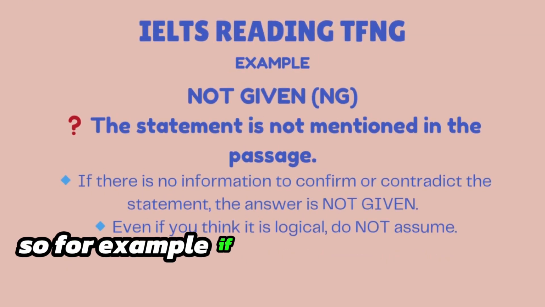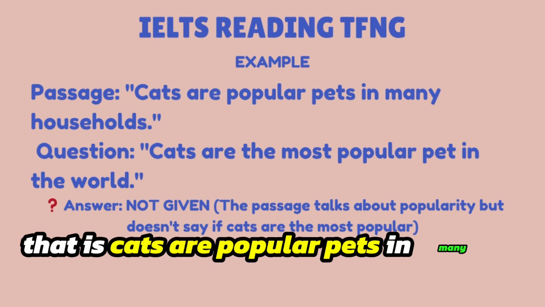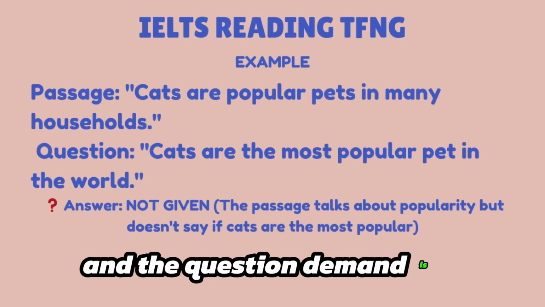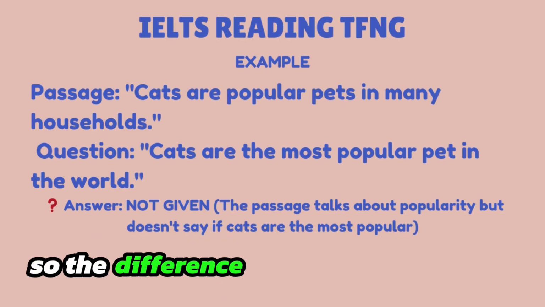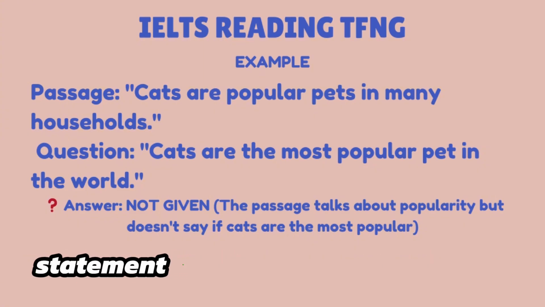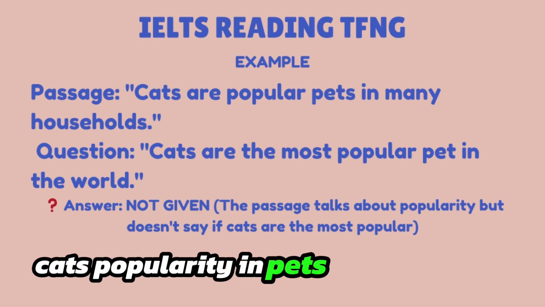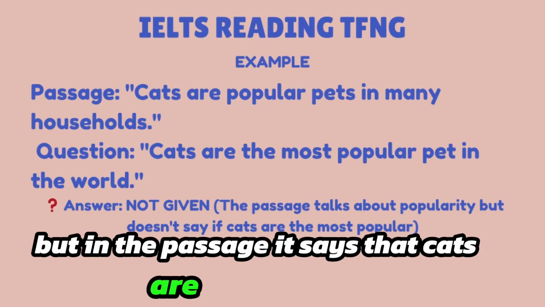For example, the passage holds a sentence that is, cats are popular pets in many households, and the question demand is, cats are the most popular pet in the world. The difference between the question statement and the passage statement is that the question demands cats' popularity as pets in the world, but the passage says that cats are popular pets.